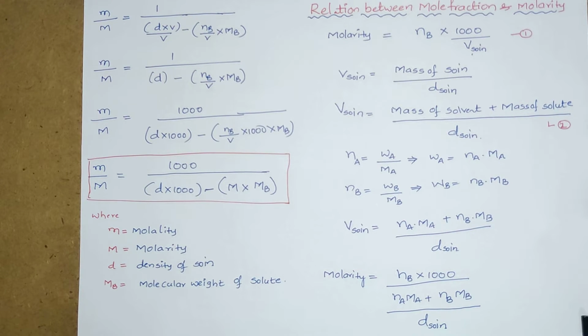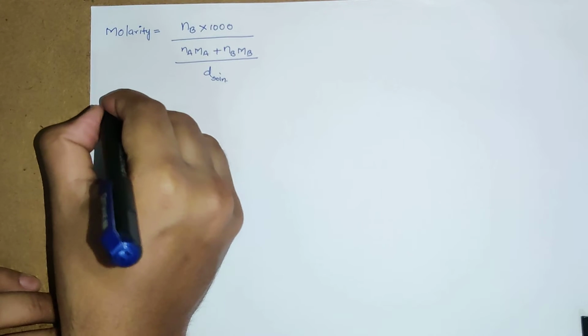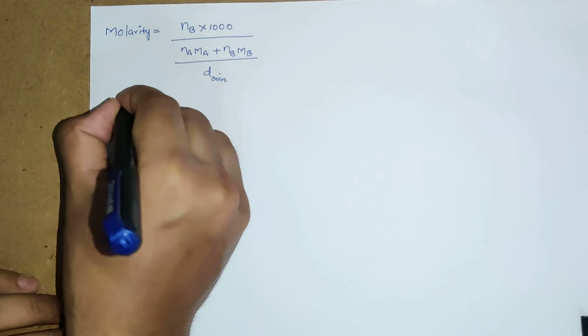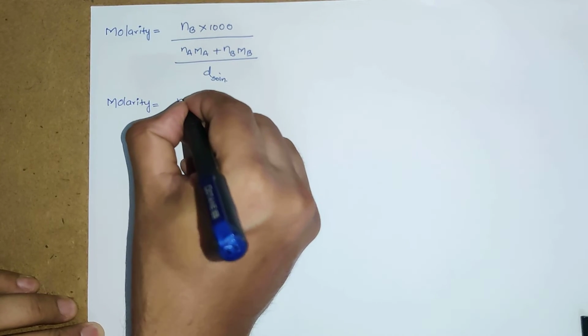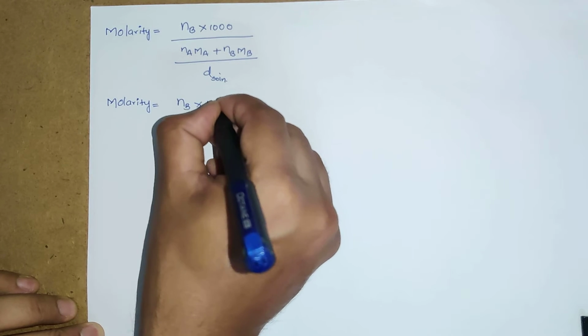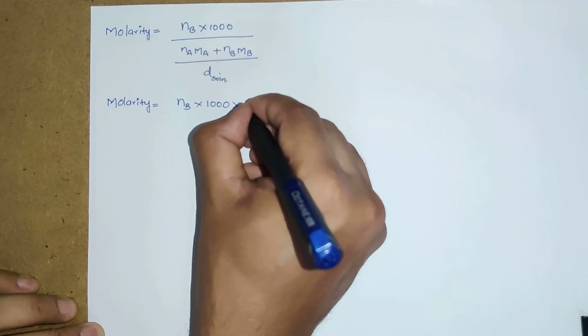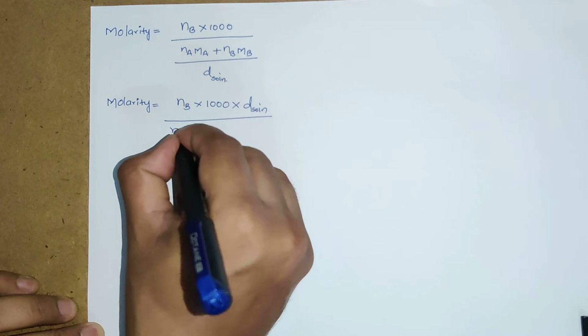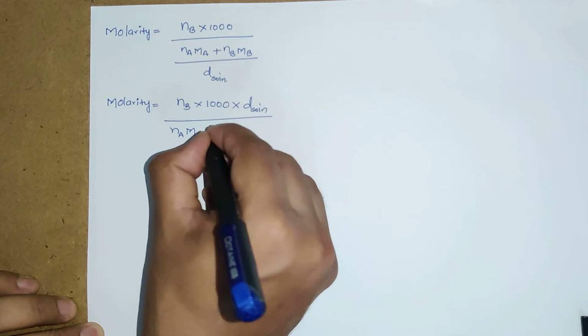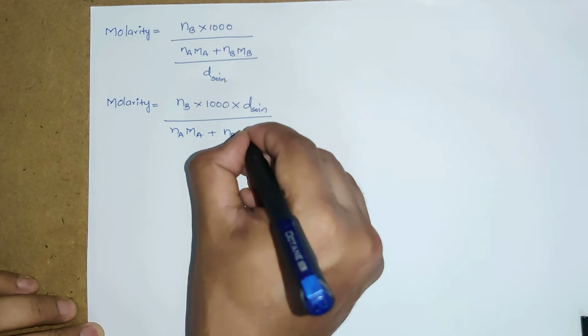On rearranging this equation, molarity is equal to Nb into 1000 into density of solution, which goes to the numerator, by Na Ma plus Nb Mb.